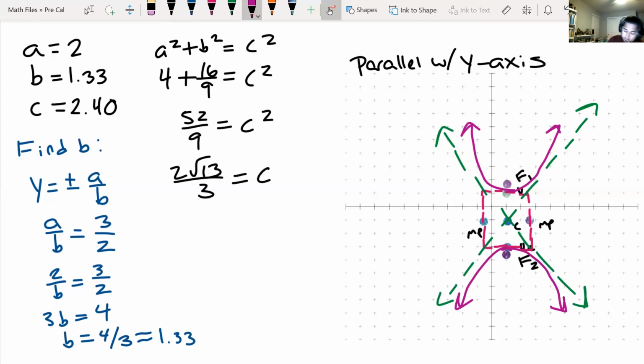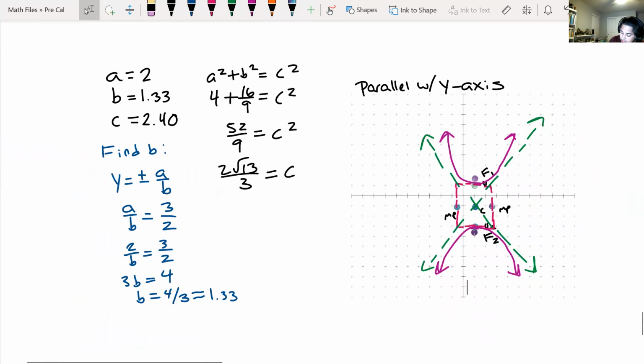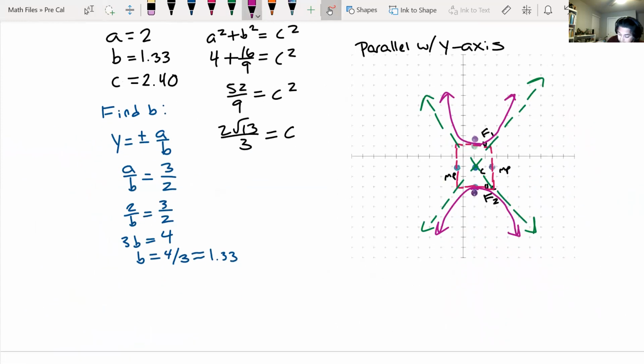Okay, and all we need is the equation and everything else labeled, which is perfect. So we had x minus 1. Actually, no, it starts the other way because it opens up.